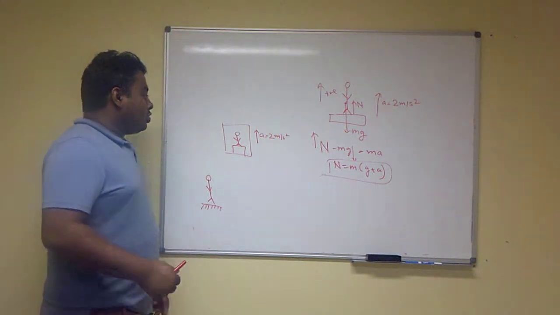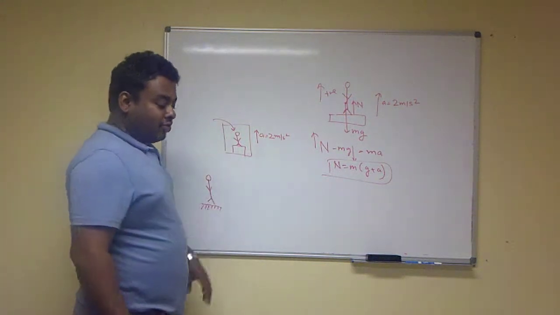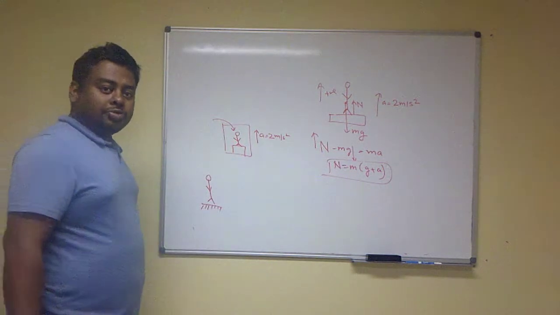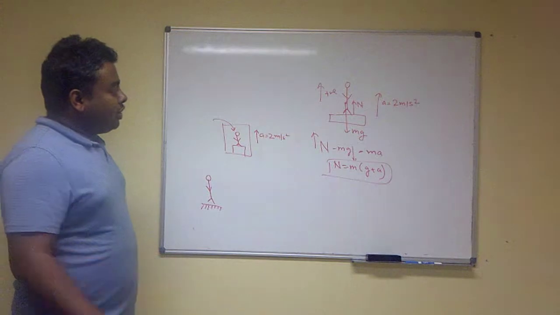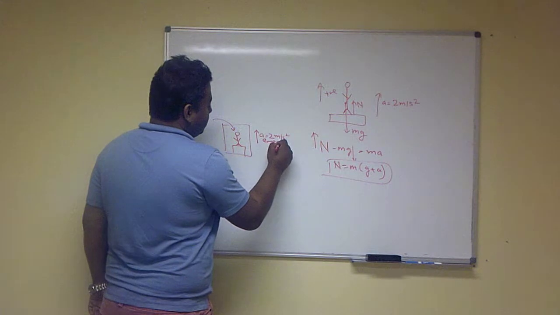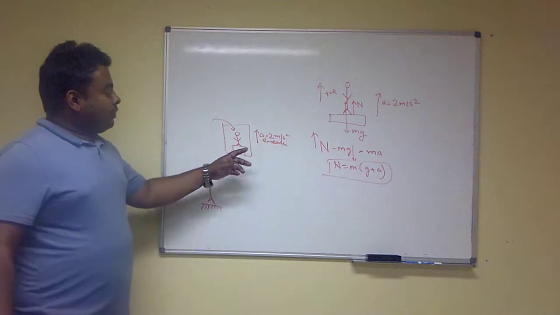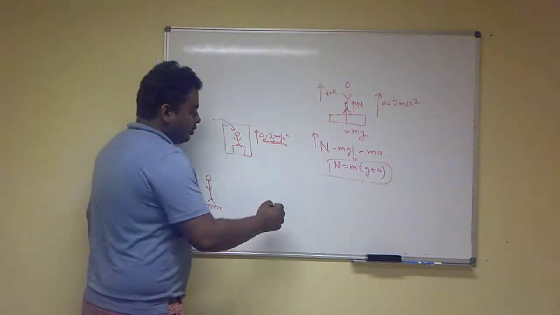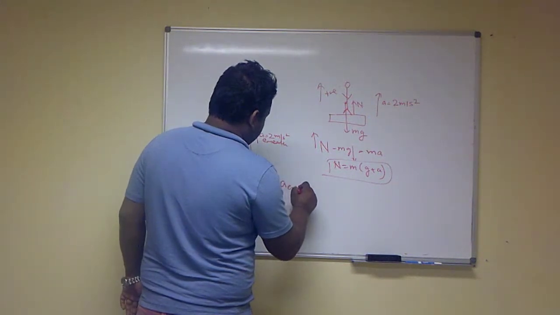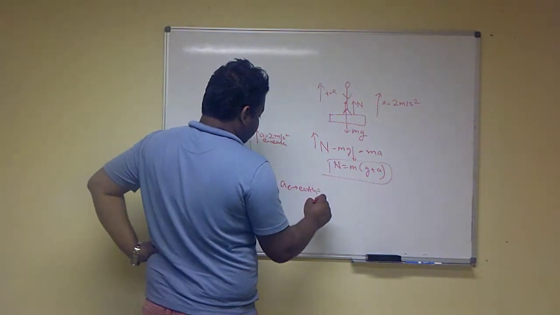Okay. You can also solve this problem if you are in this frame of reference. You will not feel that you are moving up at an acceleration of 2 meters per second square. What you would feel is, this is acceleration of elevator with respect to earth, right?